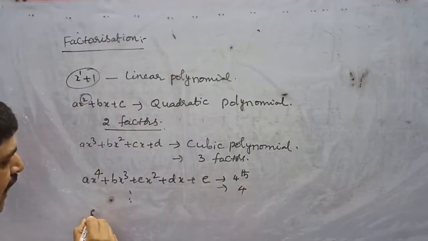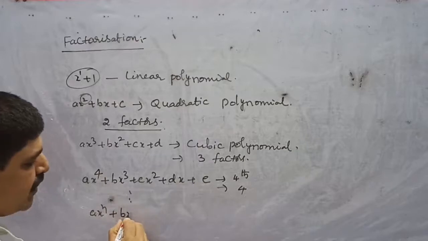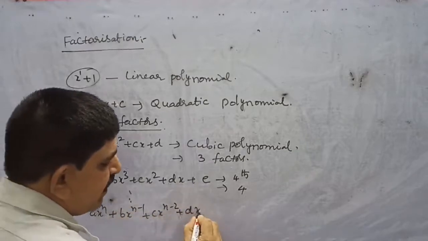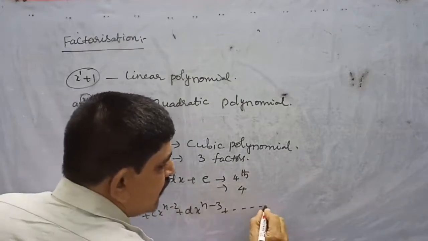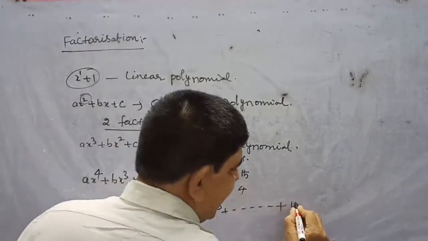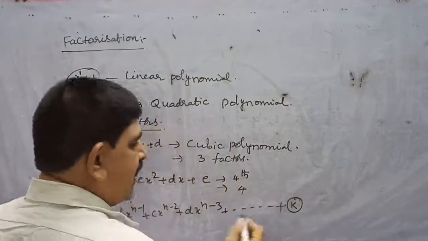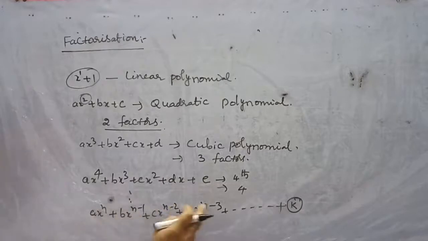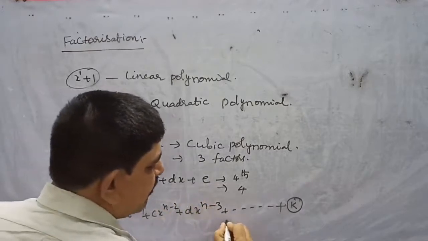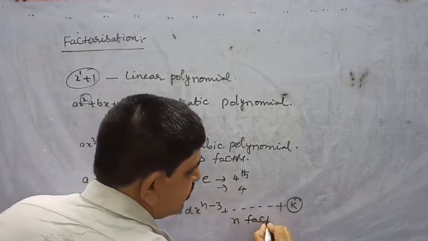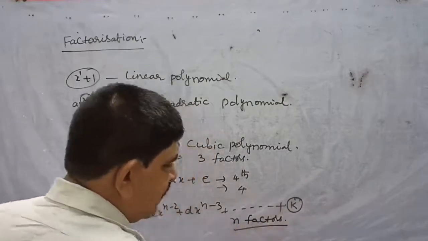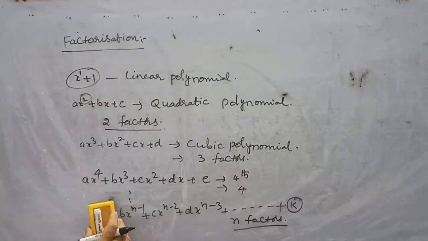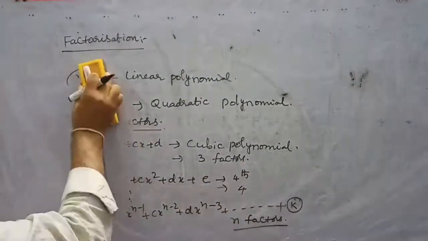And so on. ax to the power of n plus bx to the power of n minus 1 plus cx to the power of n minus 2 plus dx to the power of n minus 3 and so on. The last term is k, it is a constant. So for this general form of a polynomial, there are n factors. The number of factors depends on the degree of the polynomial.